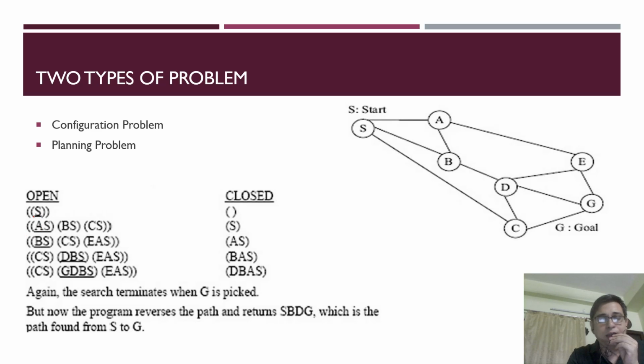extract the first node, because it is no longer A. You have to take out A from AS and then do the expansion. But the advantage is that when we actually get the goal state, we can just reverse this representation and say that you go from S to B, B to D and D to G. So we are getting the path, and hence this representation is fine for a planning problem.